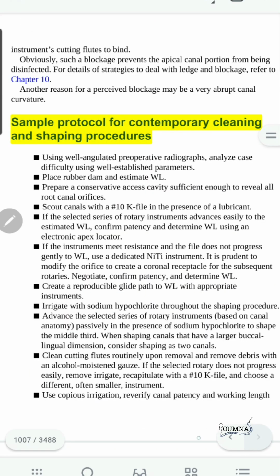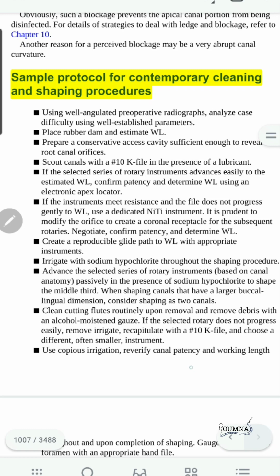Now let's read together the overall protocol of cleaning and shaping. Use a well-angulated preoperative radiograph to analyze case difficulty using well-established parameters. Place rubber dam and estimate the working length.